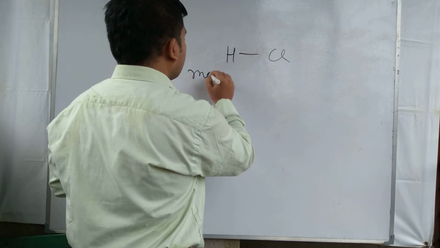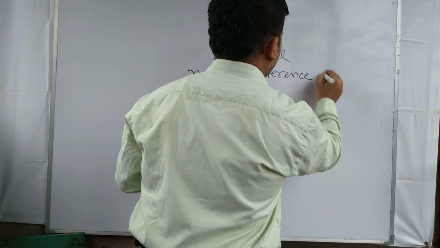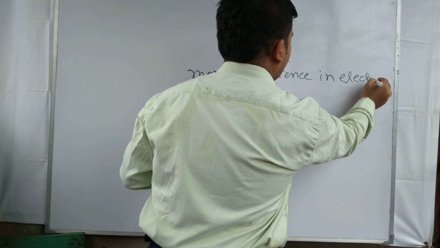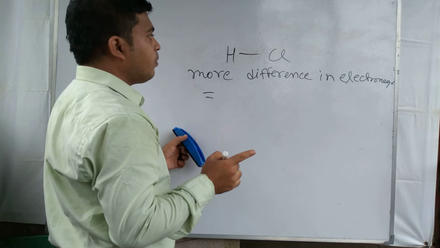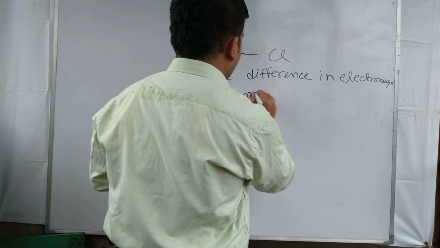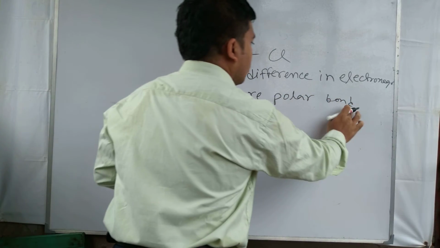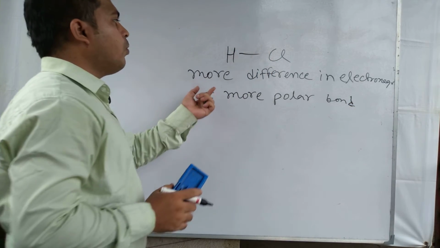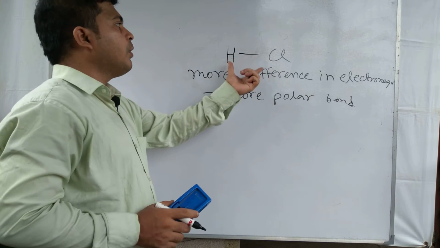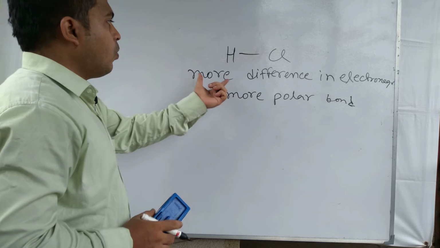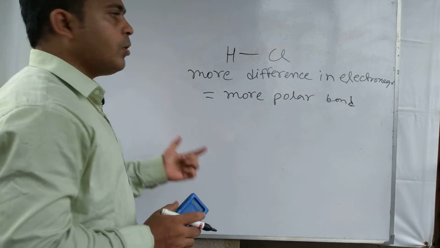If there is more difference in electronegativity, that means a more polar bond. For a covalent bond where there is more electronegativity difference between the two atoms forming it, the polarity of the bond is more.